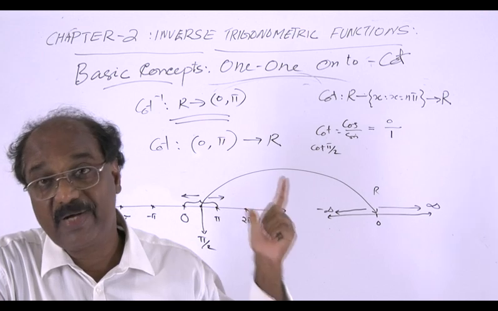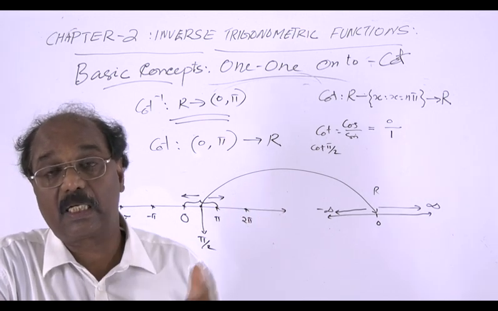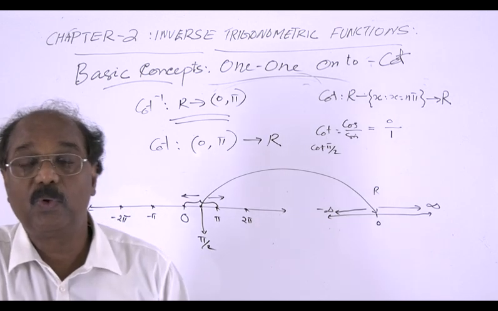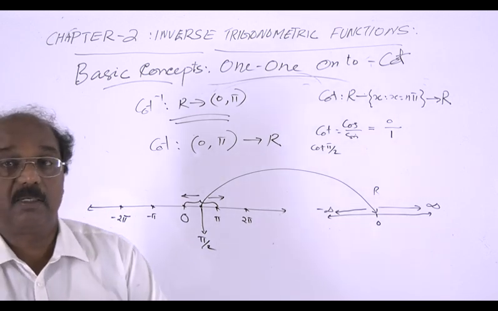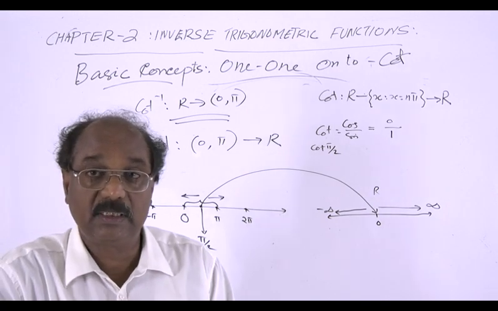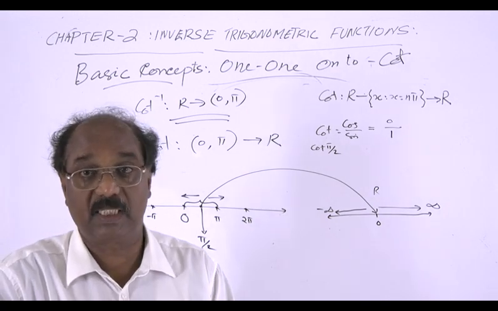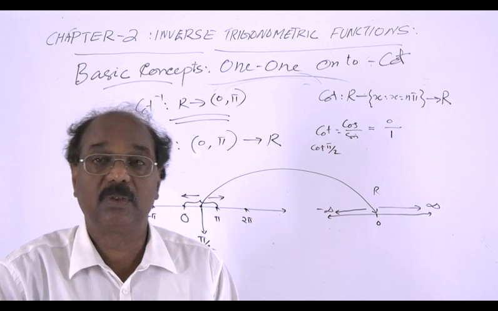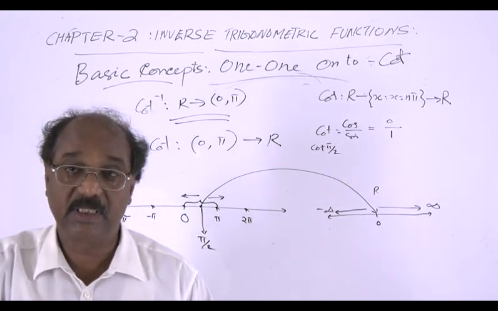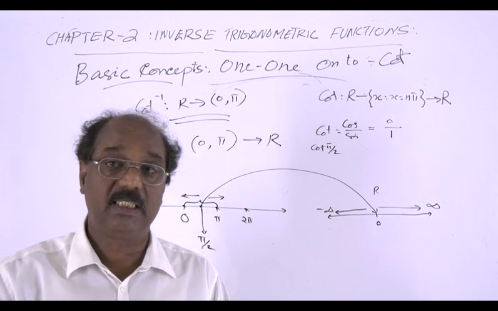And the values of this function are called the principal values of the inverse function. So this is the case of the inverse of the cot function. Similarly we can have the inverses of secant and cosecant, and that can be discussed in the next video.